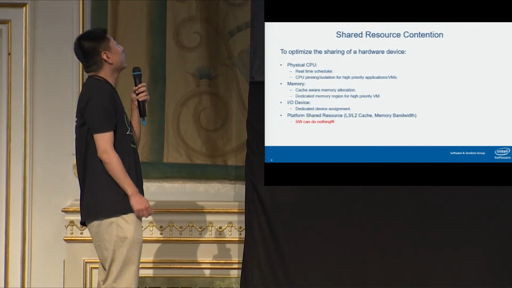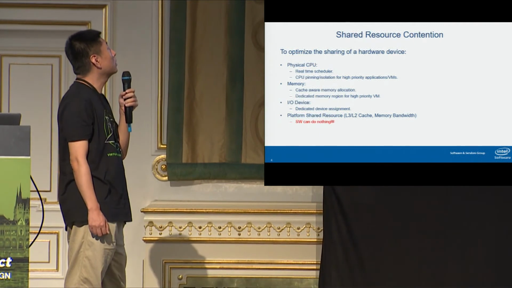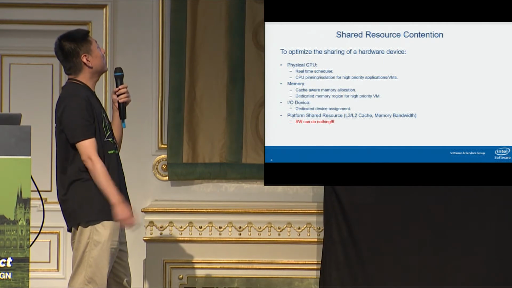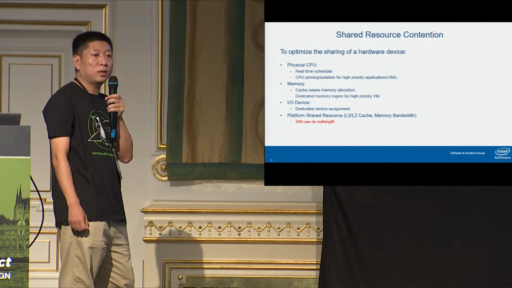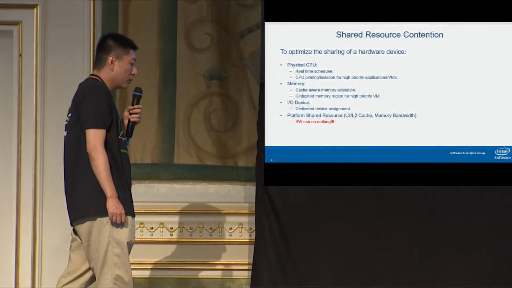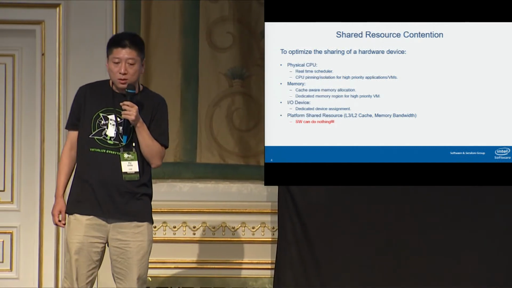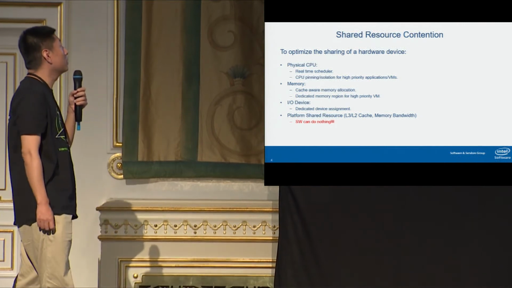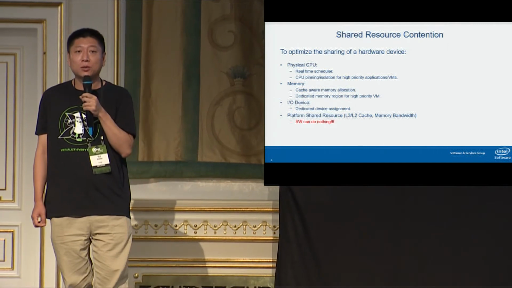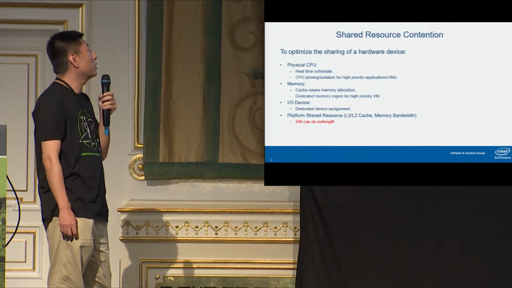For memory, we can achieve such optimization with cache-aware memory allocation algorithms, and we can also use a dedicated memory region for a special requirement. For I/O devices, we can just dedicate the device to a specific user. But for platform shared resources like the cache and the memory bandwidth, software could do nothing until the arrival of Intel Resource Director technology.